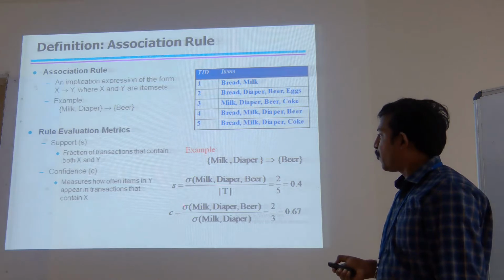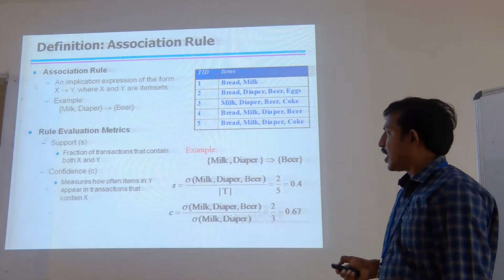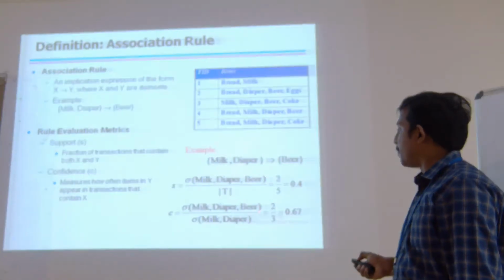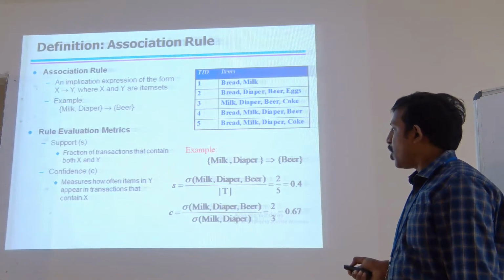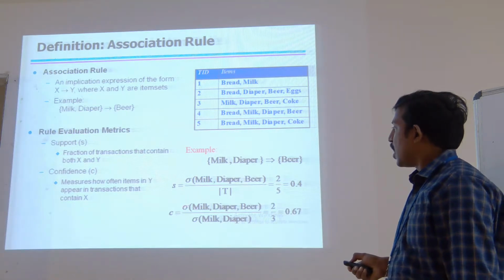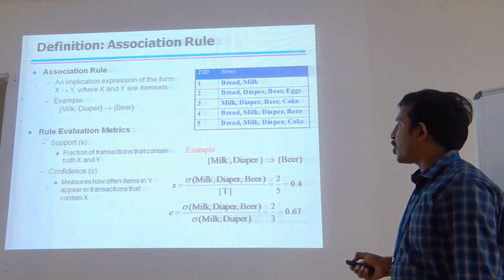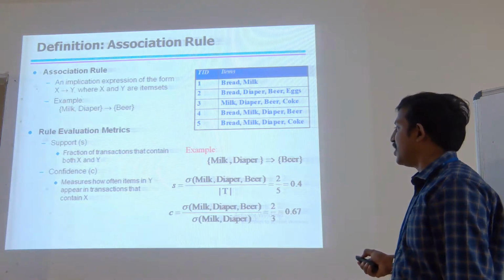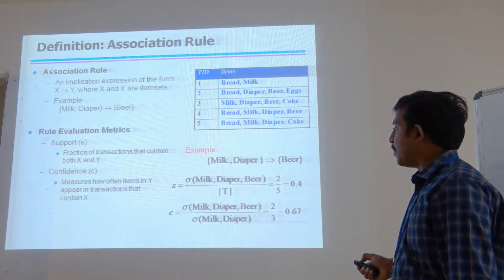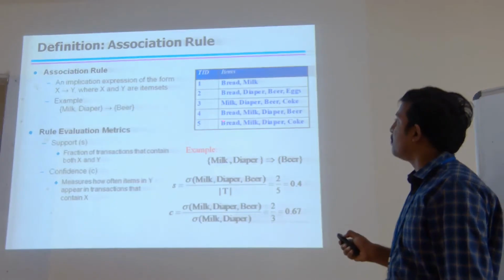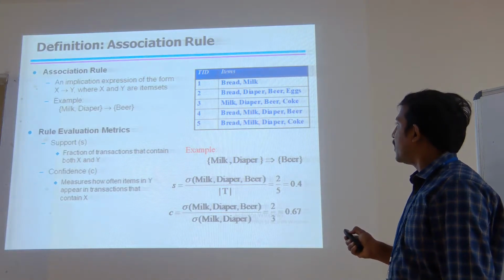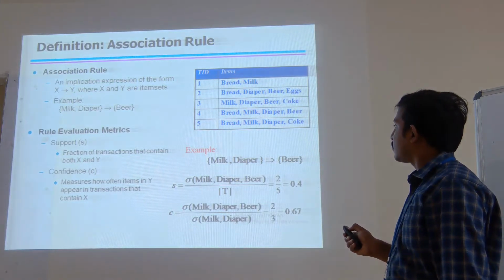Next, we compute confidence. Confidence is nothing but sigma of milk, diaper, B divided by sigma of milk, diaper. As we already discussed, the support count of milk, diaper, B is equal to 2. That means in how many transactions do milk, diaper and B appear? 2 transactions.